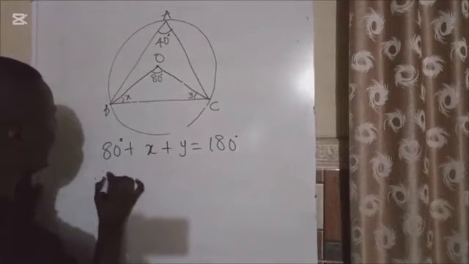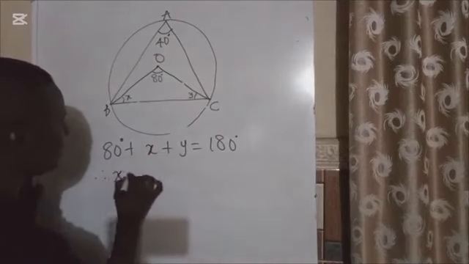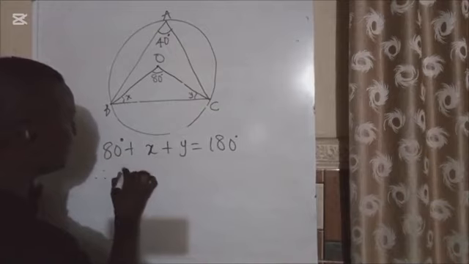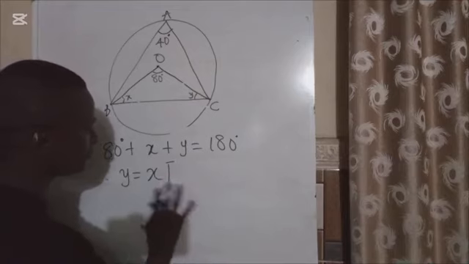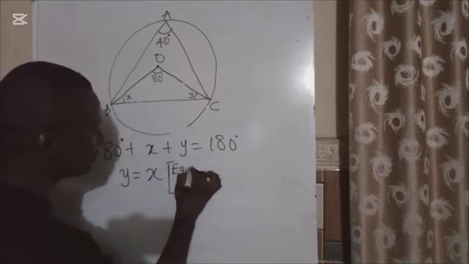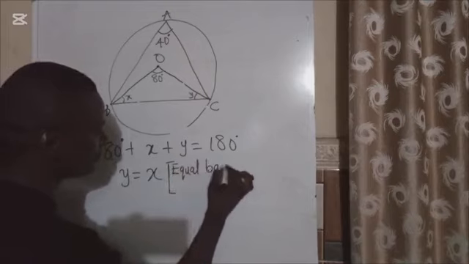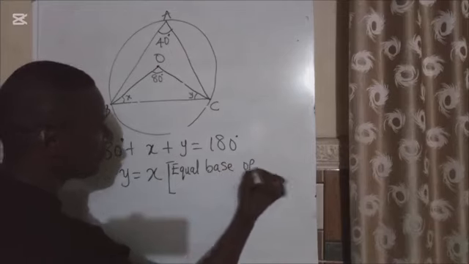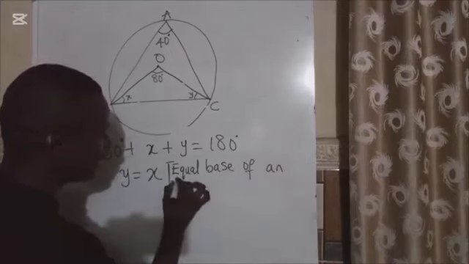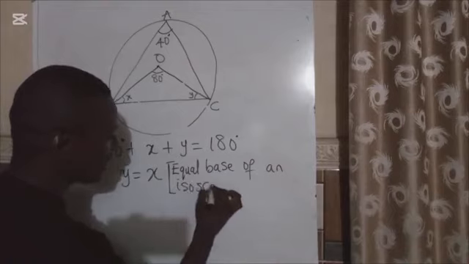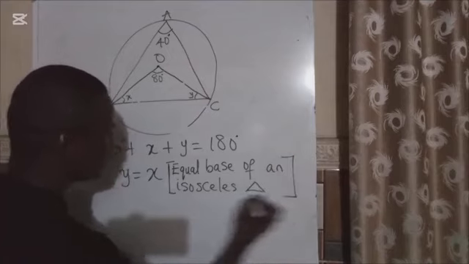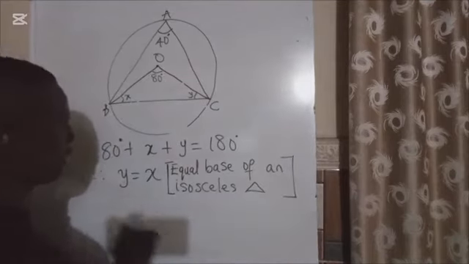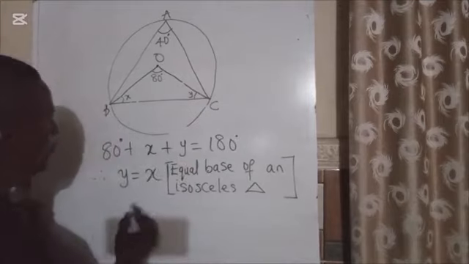Therefore, I can say that y is equal to x based on equal base angles of an isosceles triangle. Since y is equal to x, it simply means that wherever I see y, I will put x.